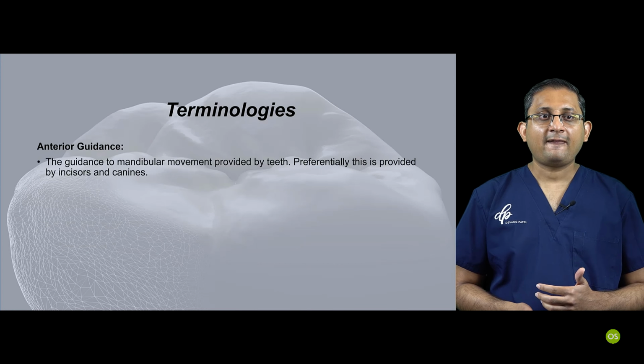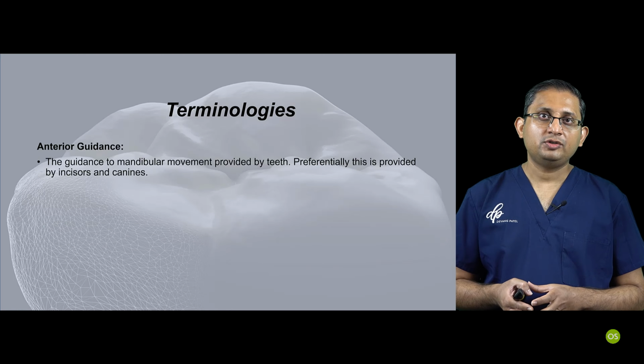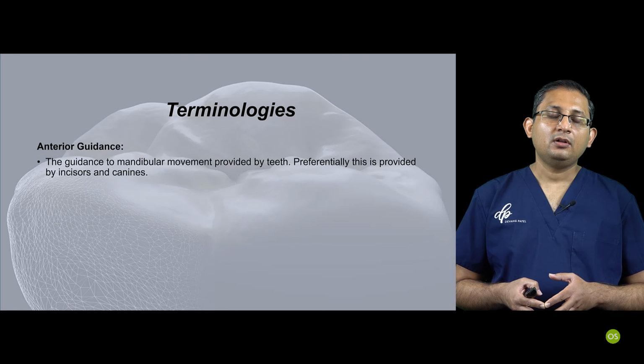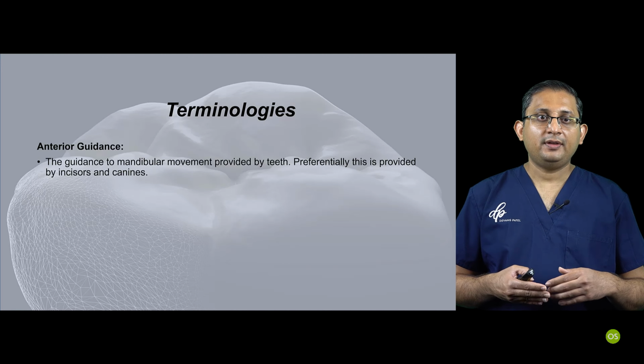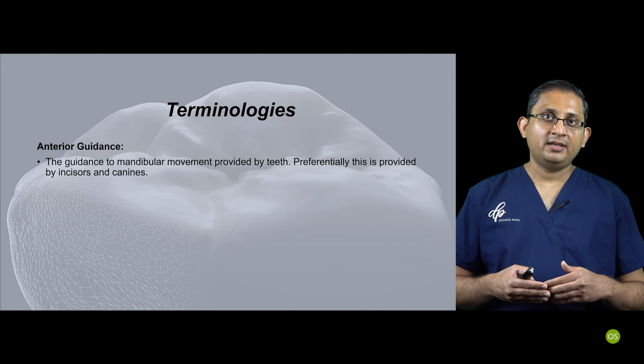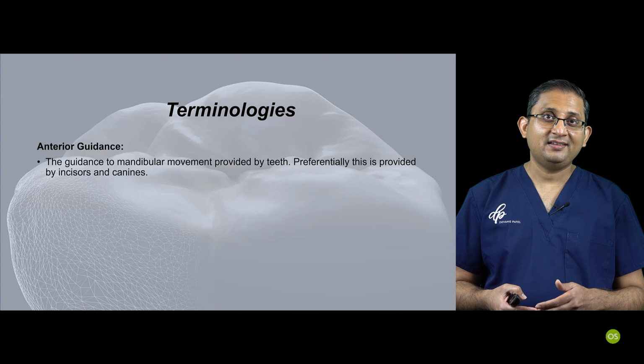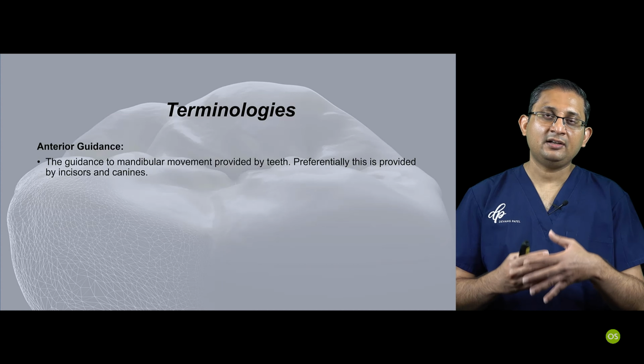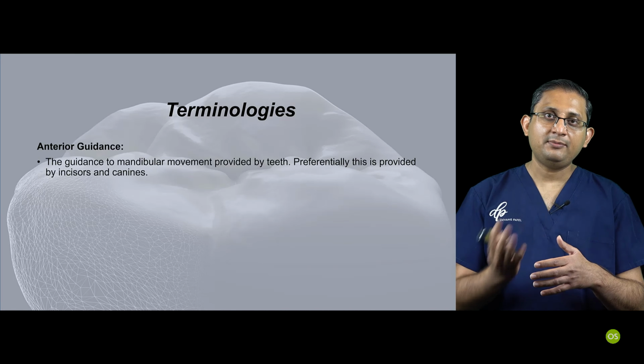And that's why we are more concentrating on anterior guidance. Now, it's mainly anterior guidance is provided by teeth, and anterior guidance is not a protrusive guidance. As I said, it includes canine guidance, lateral and protrusive.